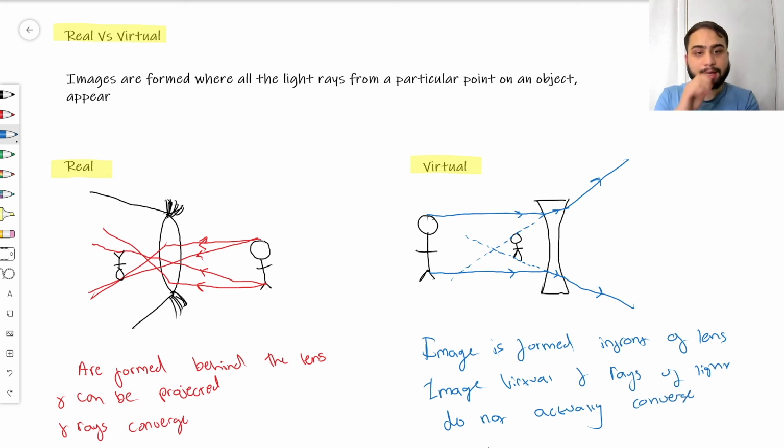Remember, this type of lens here is a concave lens. It's a diverging lens. It makes all the rays of light incident upon it diverge, spread away from each other. So really, they don't actually come together behind the lens at all. Only the virtual rays in front of the lens seem like they're coming together, and so we see the object over here, when really there are no rays that actually produce that object by crossing there. So therefore it's a virtual image over here.